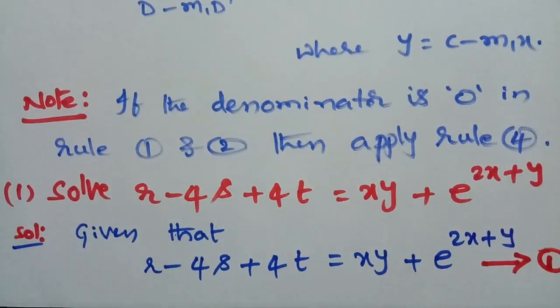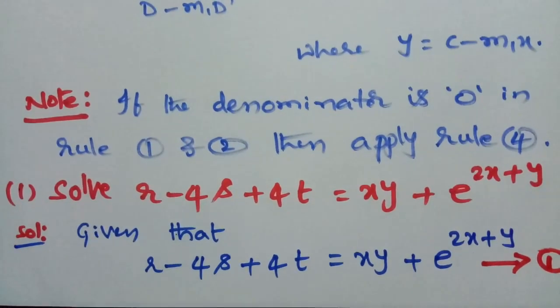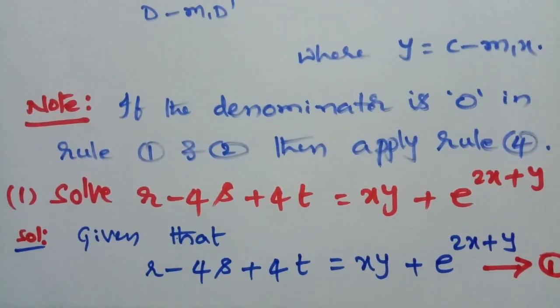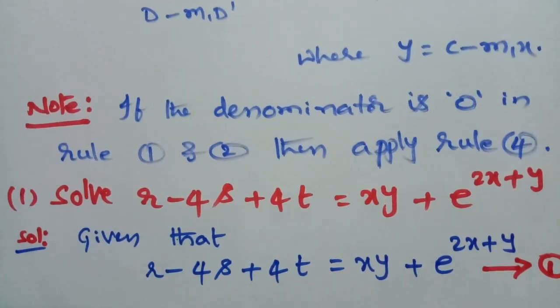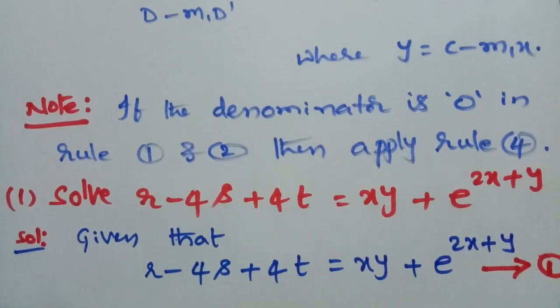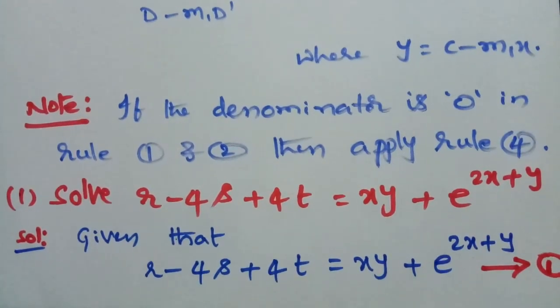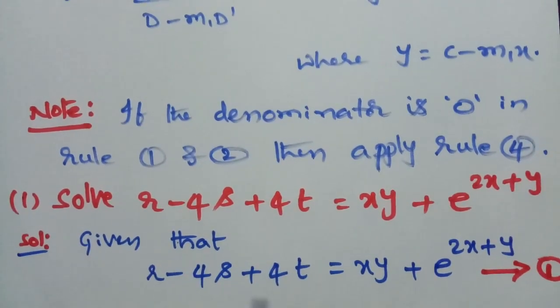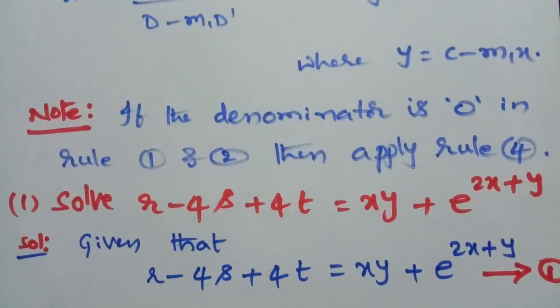Now we know that r means, we already explained in the beginning of the unit, r is del square z by del x square, and s is del square z by del x del y, and t is del square z by del y square. Now we can substitute these values.